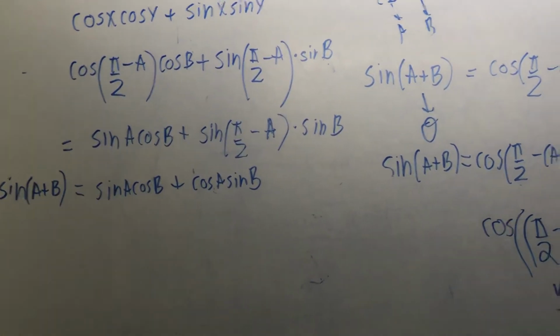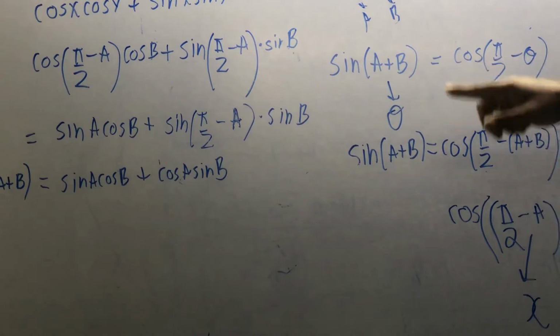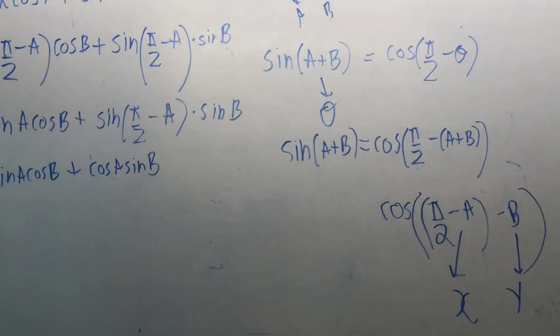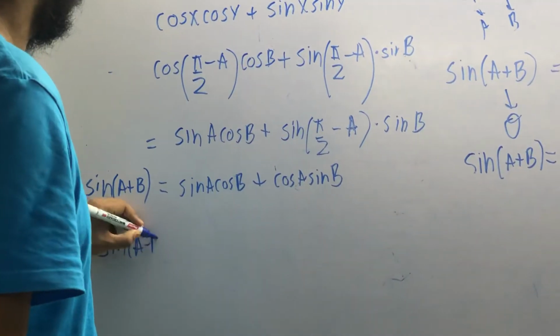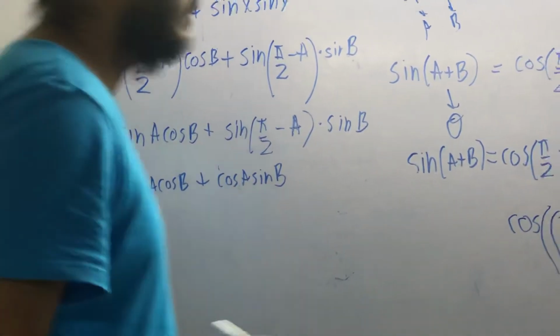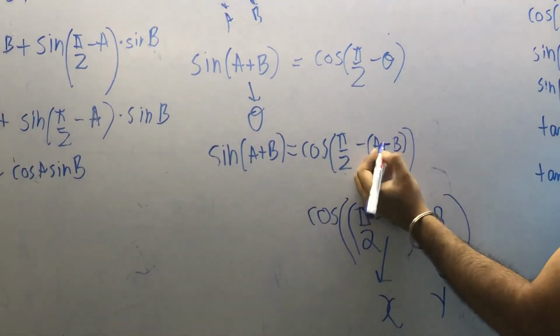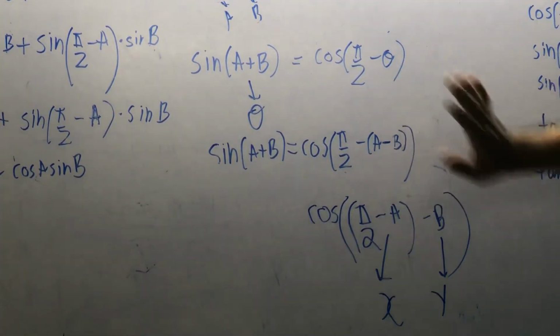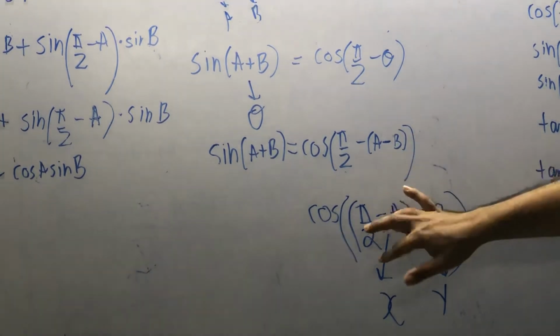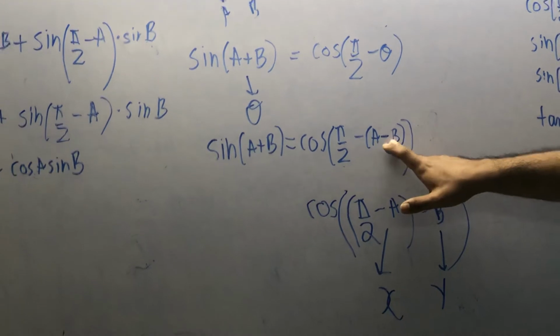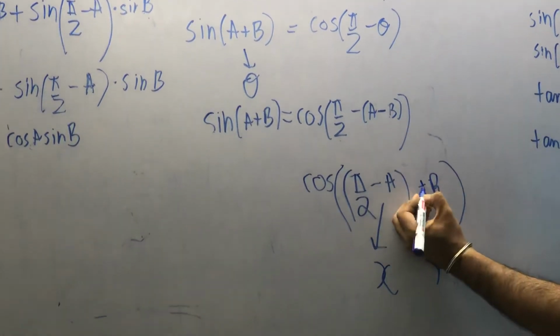Now the same thing you can do for sin a minus b. You also have to find sin a minus b, right? The only difference in the derivation is, instead of theta, what will you put? Theta is a minus b. Then again you will rearrange, you will open the bracket and minus a, and when you open the bracket, this will become plus.